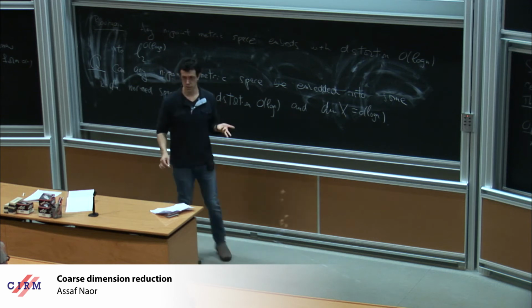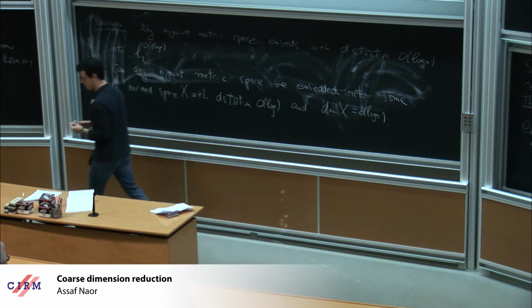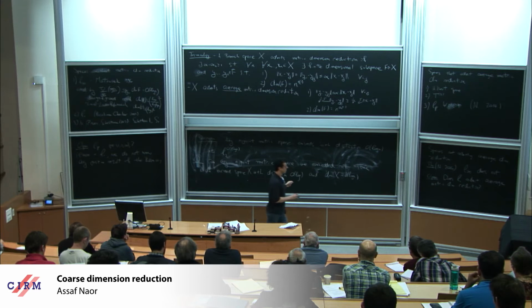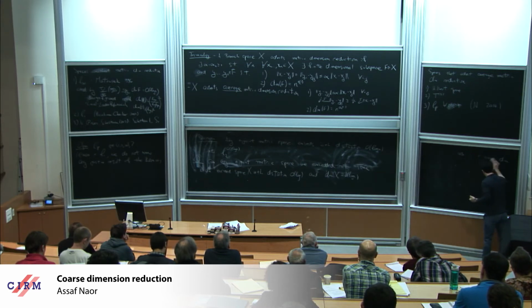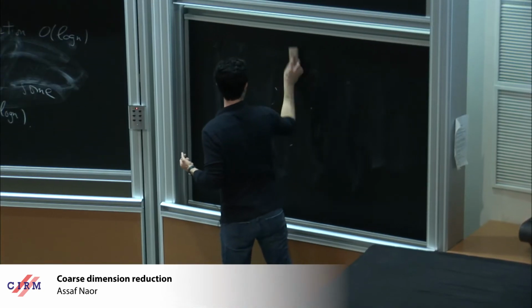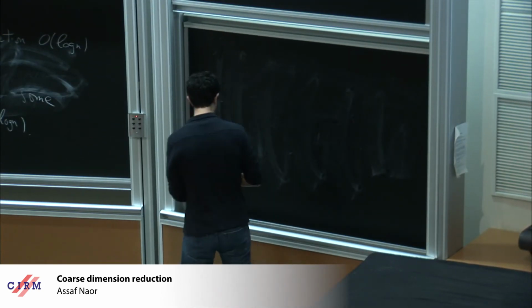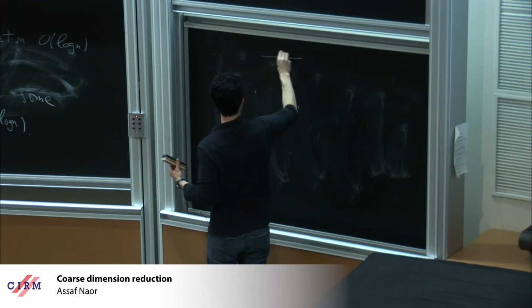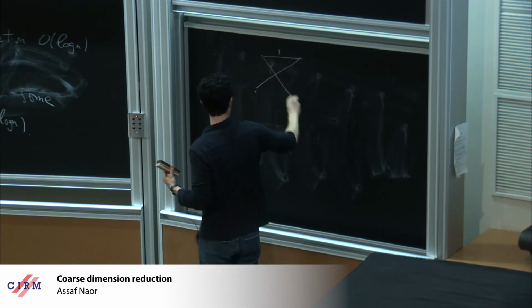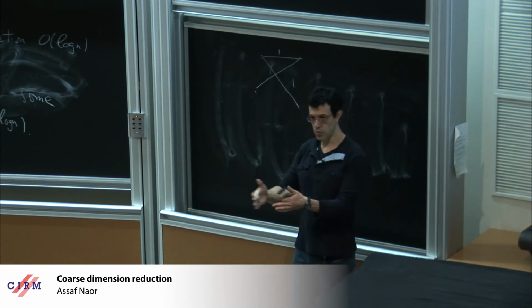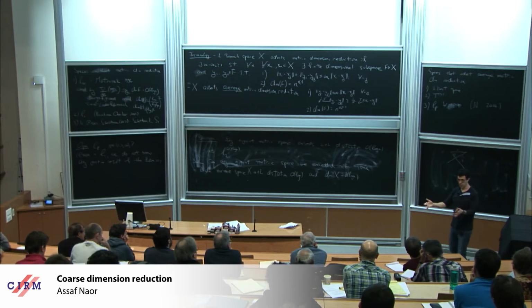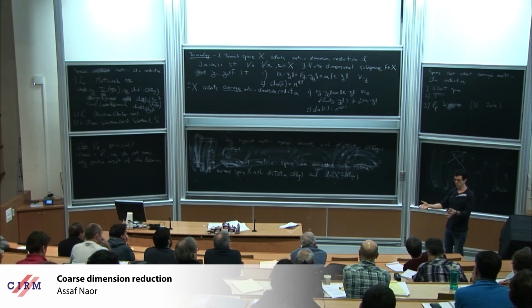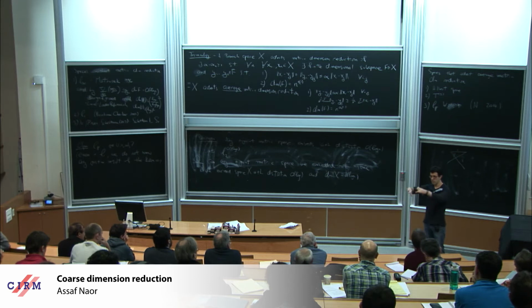Because the log n in Johnson-Lindenstrauss has a meaning. And that meaning is, if you just look at the n simplex, so you have a collection of points, the distance between any two of them is 1. And if you want to realize them with distortion alpha into a k-dimensional space, then the balls of radius 1 over alpha are going to be pairwise disjoint and contained in some big ball.